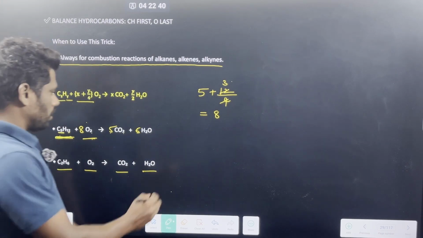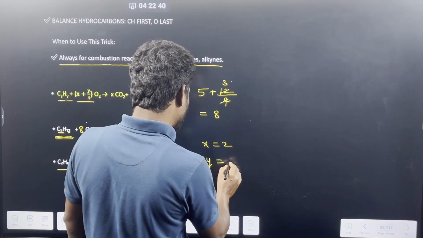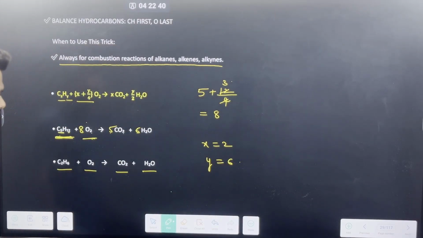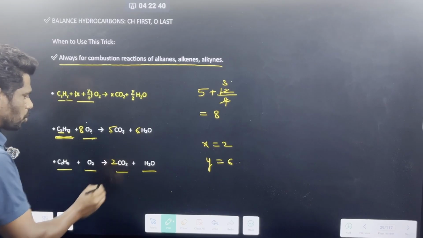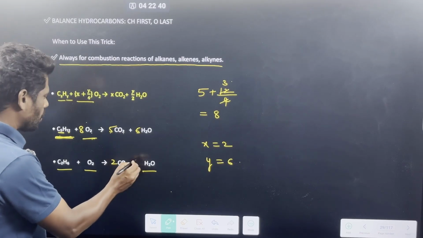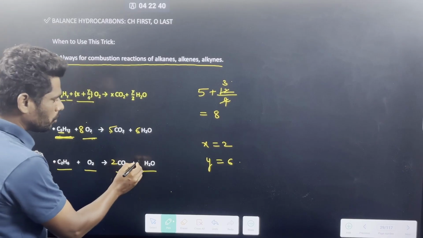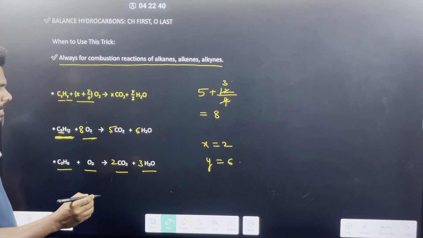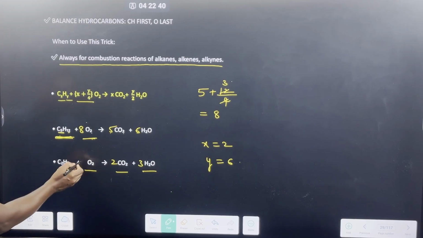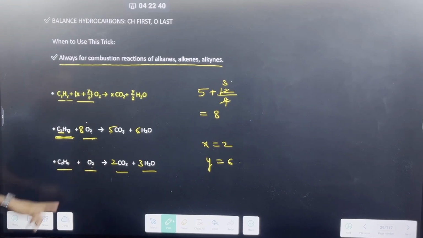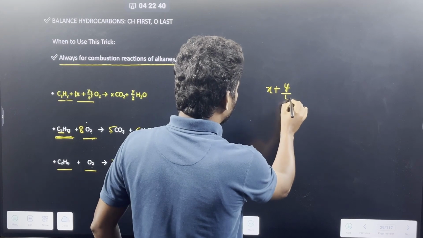In this, the X value is 2, the Y value is 6. In that case, here it will be X, that is 2, and here, using the formula Y by 2, 6 by 2 is equal to 3. Now, as per the formula, we need to find the coefficient for oxygen. What's the formula here? X plus Y by 4.